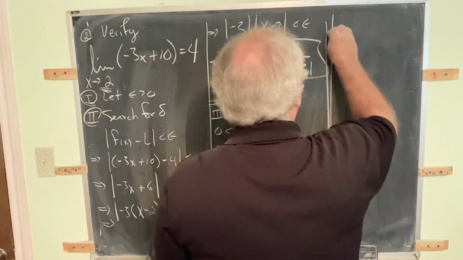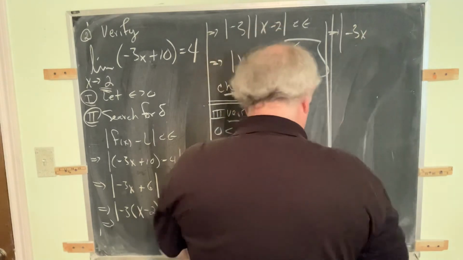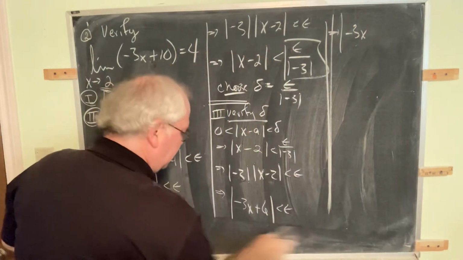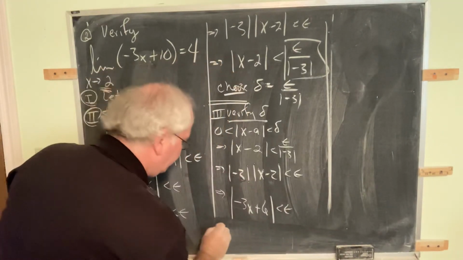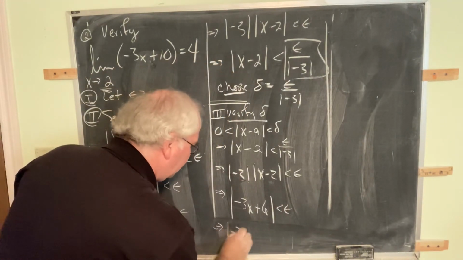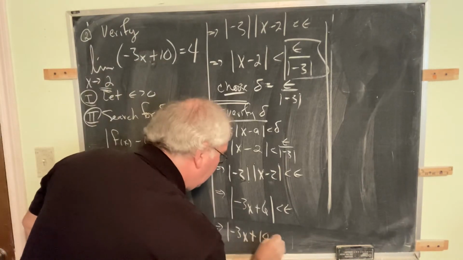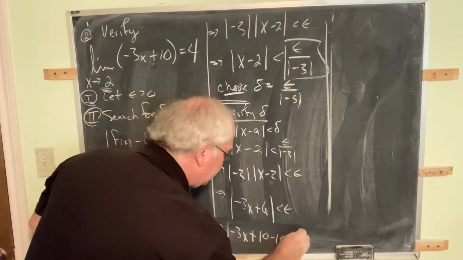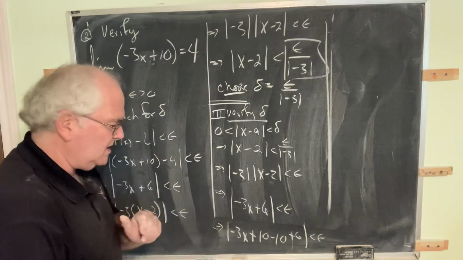So this implies absolute negative 3x. I better put this down here one more time. I'm going to steal one more line down here at the bottom, just for the space. So this is absolute negative 3x plus 10 minus 10, and then plus the 6 again. Plus 10 minus 10, so everything's equal to what we started with.